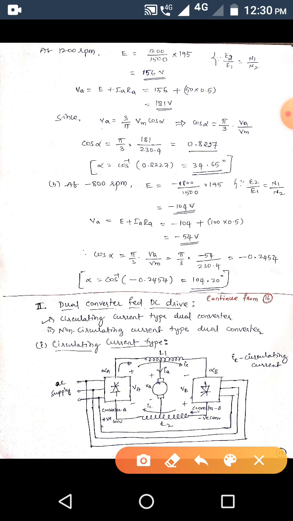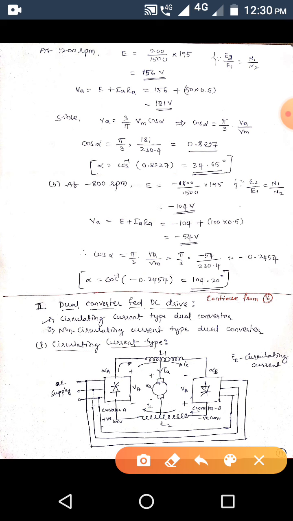In between these two inductors we connect the armature winding, through which the armature current, small i, flows. The output across the armature I call small va.